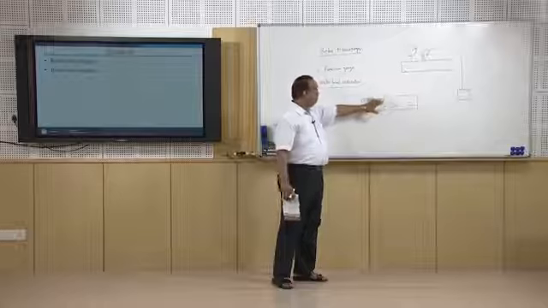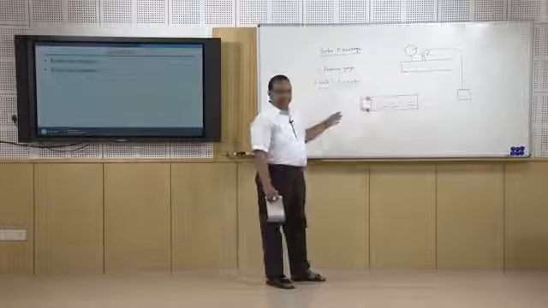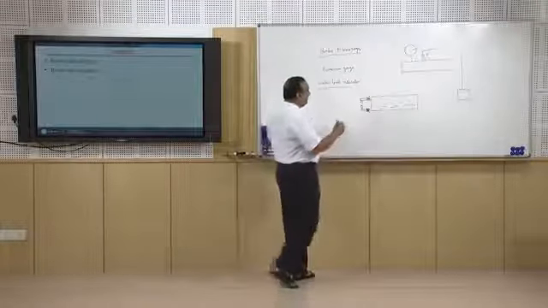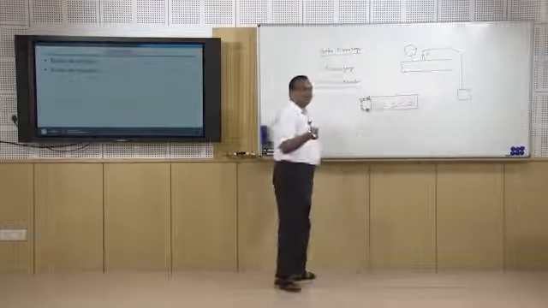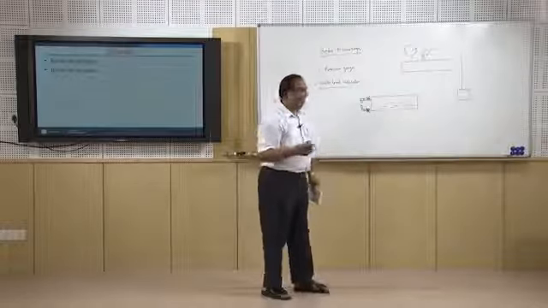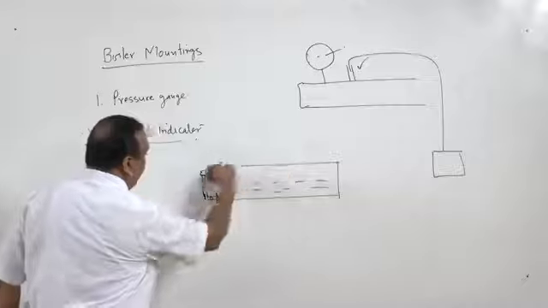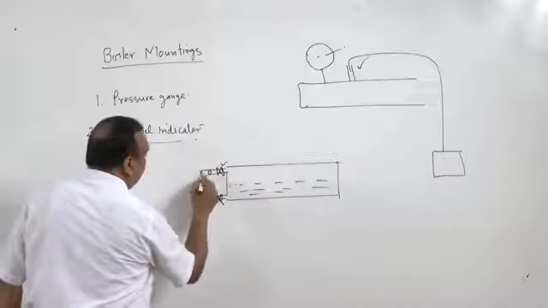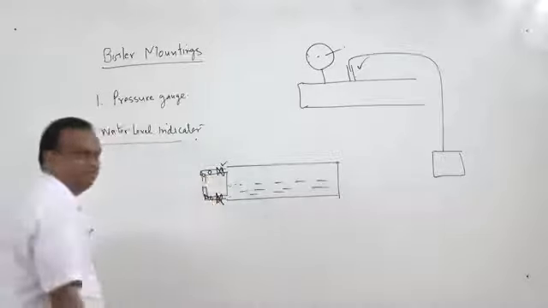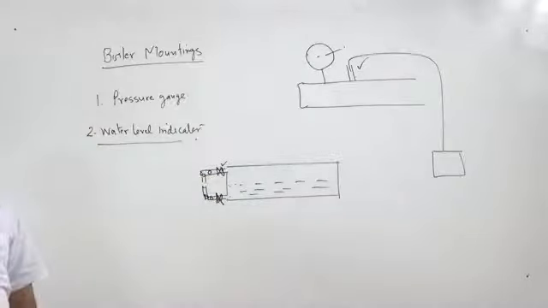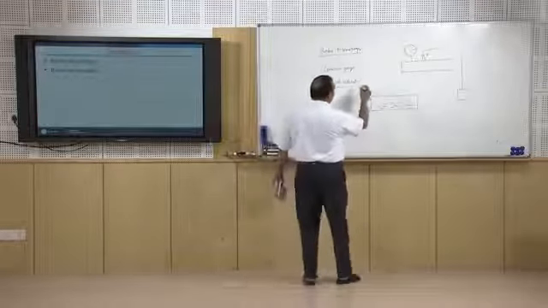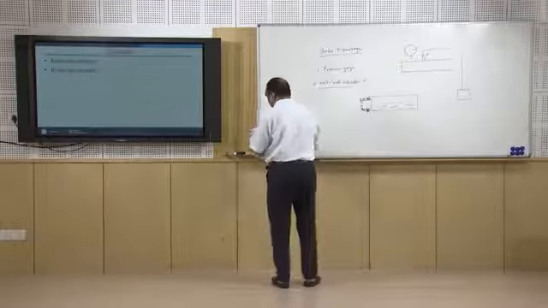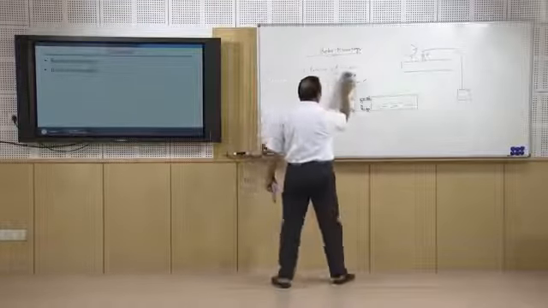So in order to prevent that, ordinary steel balls are provided, and the moment the fluid comes with pressure, these balls close these openings, so the fluid does not go out. So the basic function of the water level indicator is to show the level of water in the boiler.